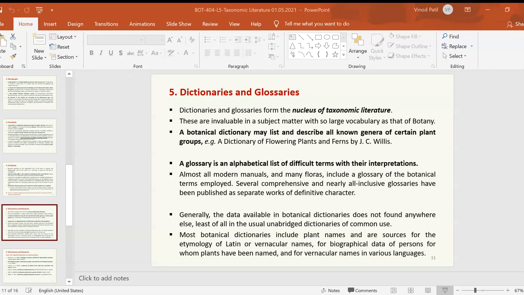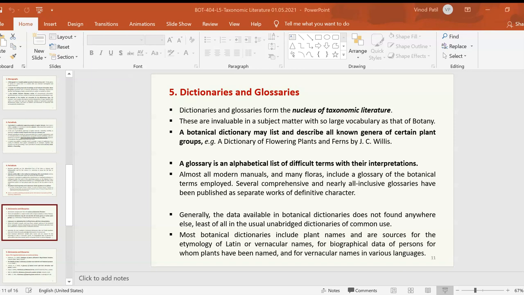All these words can be traced down, and cytology and genetics too, in the botanical dictionary. A botanical dictionary may list and describe all known genera of certain plant groups. For an example, a dictionary of flowering plants and ferns by Willis. So it's a well-known dictionary which may be available in the libraries of the institutes.